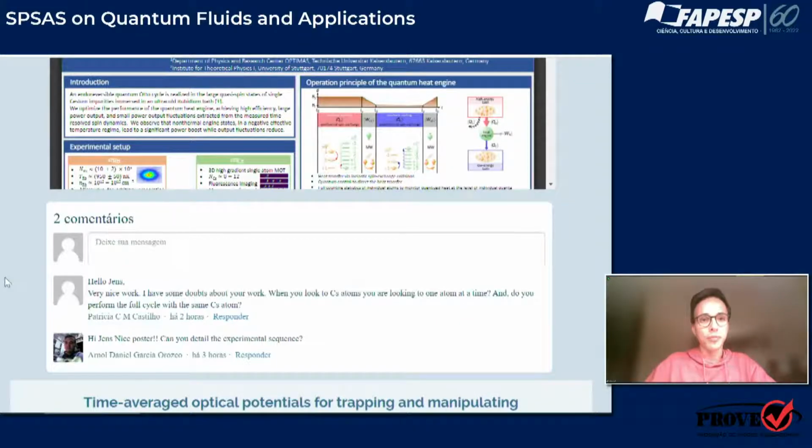So all these measurements we're doing with the same atoms from beginning to end. And in the very beginning, we trap and cool about 10,000 rubidium atoms in an optical dipole trap.